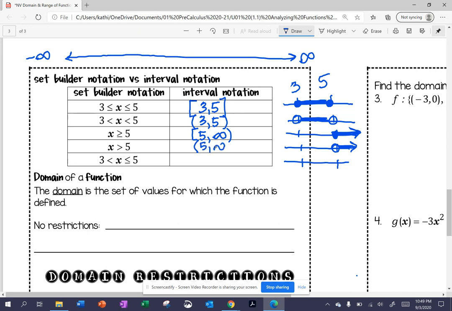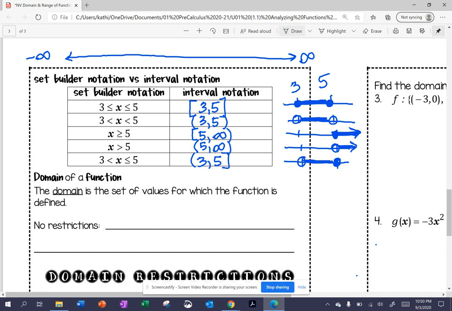So 5 to infinity. So 3, not including 3, but including 5. So greater than 3 and less than or equal to 5. I'm not including 3, so a parentheses, and including 5. That gets a bracket.